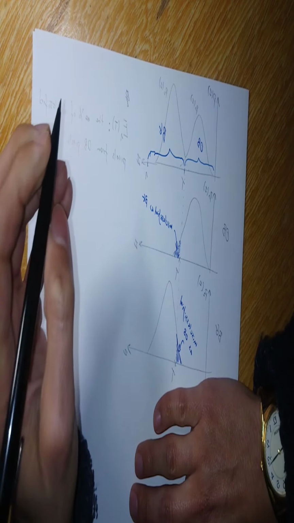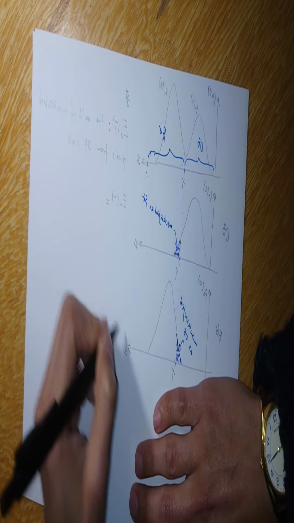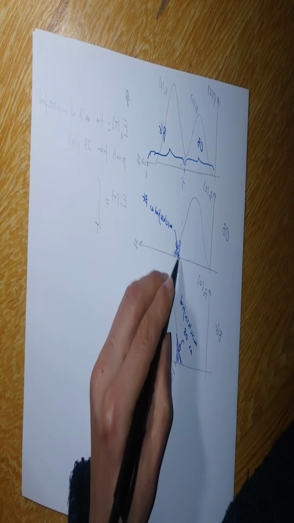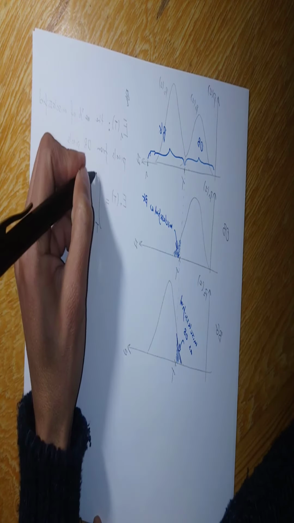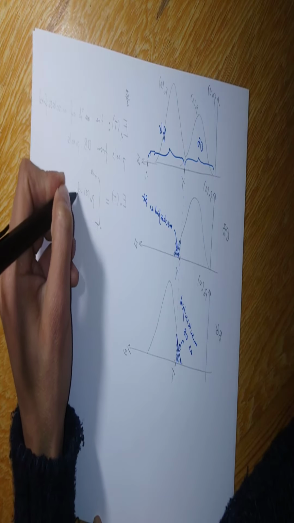Okay, so E1(T) is going to be equal to the integration from T to plus infinity of P1(z) dz.